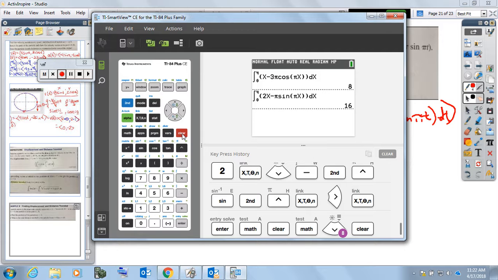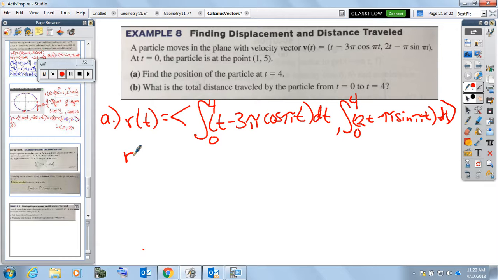And so by evaluating these two, I get the x component 8 and the y component 16. But wait! I'm not quite done, because the particle started at t equals 0 at the point (1, 5).